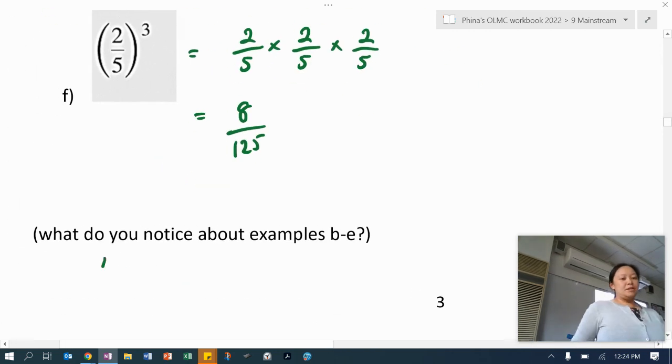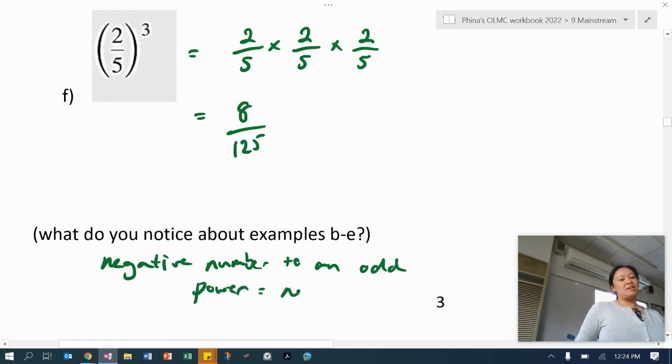So negative number to an odd power equals negative answer.